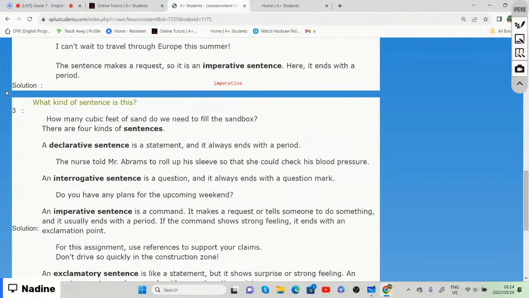This means that this is an interrogative sentence, because there is a question mark, meaning that it is a question being asked.